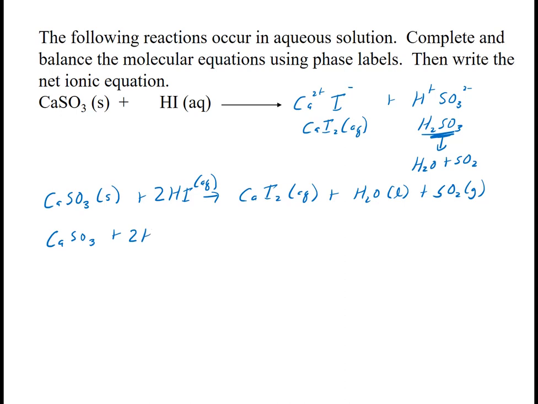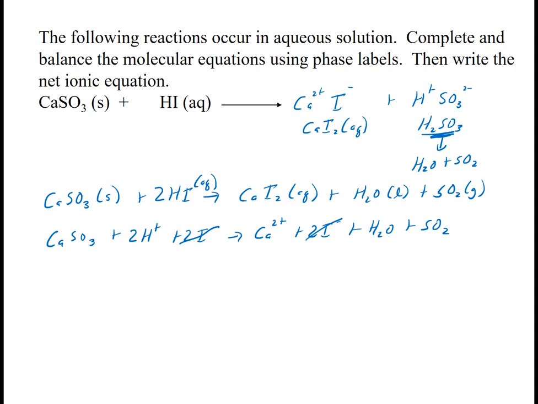So now I have 2 H pluses plus 2 I minuses goes to form, now this is aqueous, so this forms Ca 2 plus, 2 I minuses, plus water plus SO2. The only thing that's going to cancel is my iodides. Nothing else.